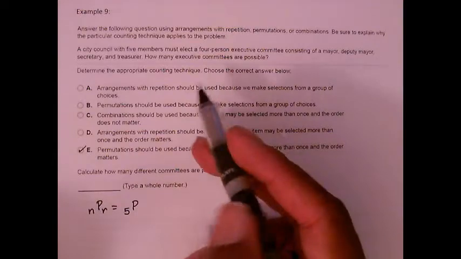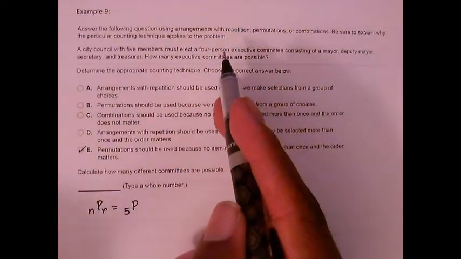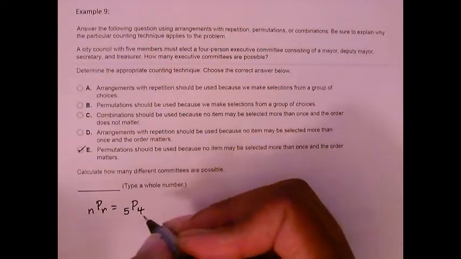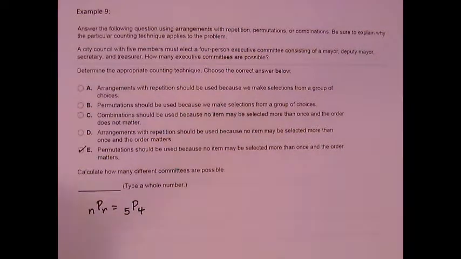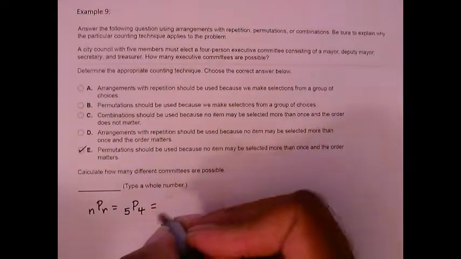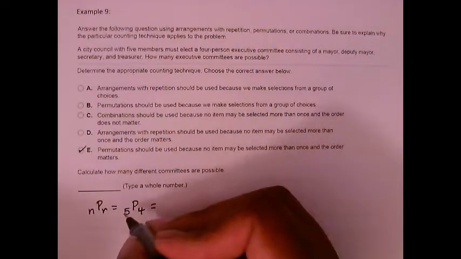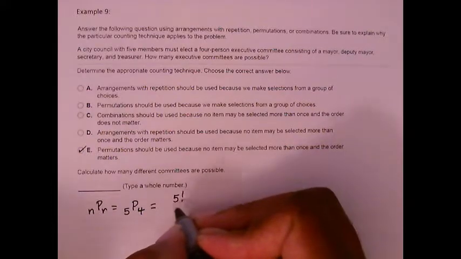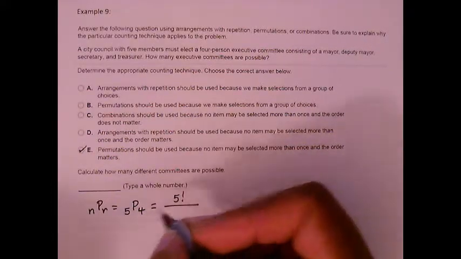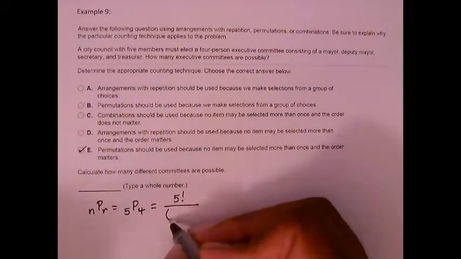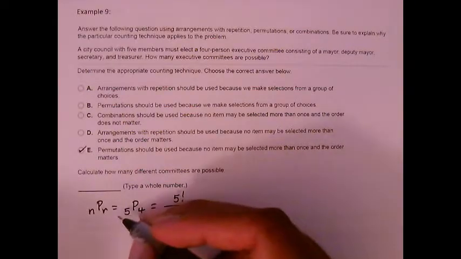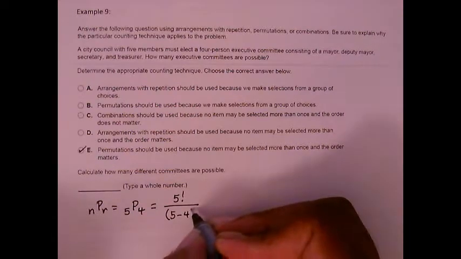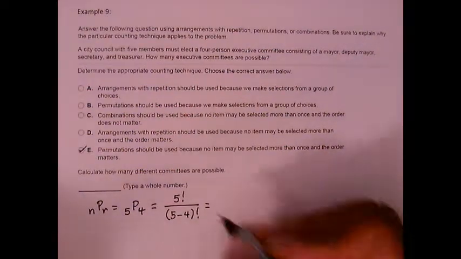Then your r, and we're choosing a 4-person executive committee, so it'll be 4 here. 5P4, and then we use that formula that I just showed you. Here, the numerator is your n, so it'll be 5 factorial. That's this number on the left, divided by n minus r factorial. n is 5, r is 4. So it'll be 5 minus 4 factorial.